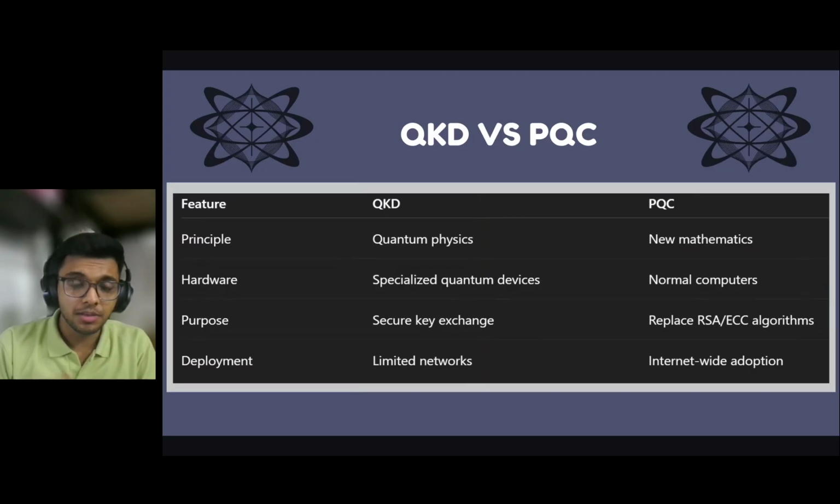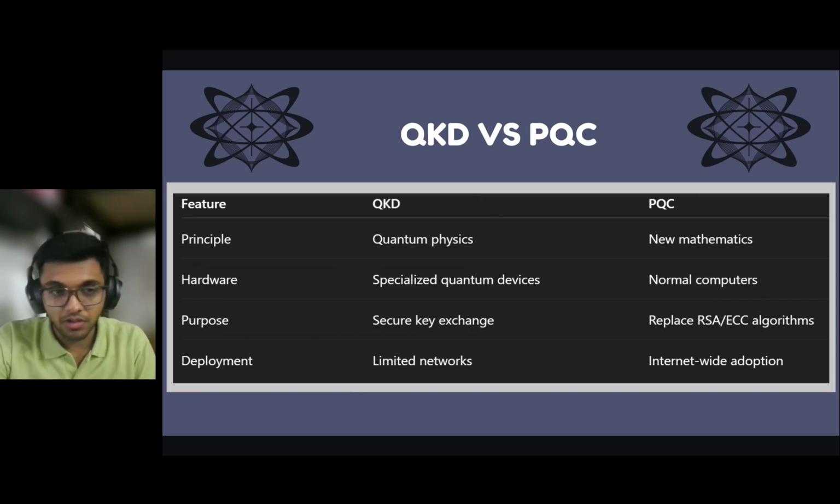What is the major difference between quantum key distribution and post-quantum cryptography, right? So, in a basic sense, the principle used in QKD is quantum physics, as we've previously discussed. It relies on the natural laws of physics and how qubits, or the data that you've encrypted, are dependent on other packets, which are also qubits, using superposition, right?